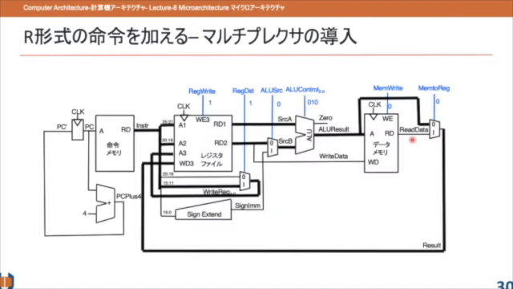Well, let's move to the data path. The first thing is we have two source registers, 25 to 21 and 20 to 16, and these come here. The ALU source control is set to 0, so it passes RD2 to the ALU.